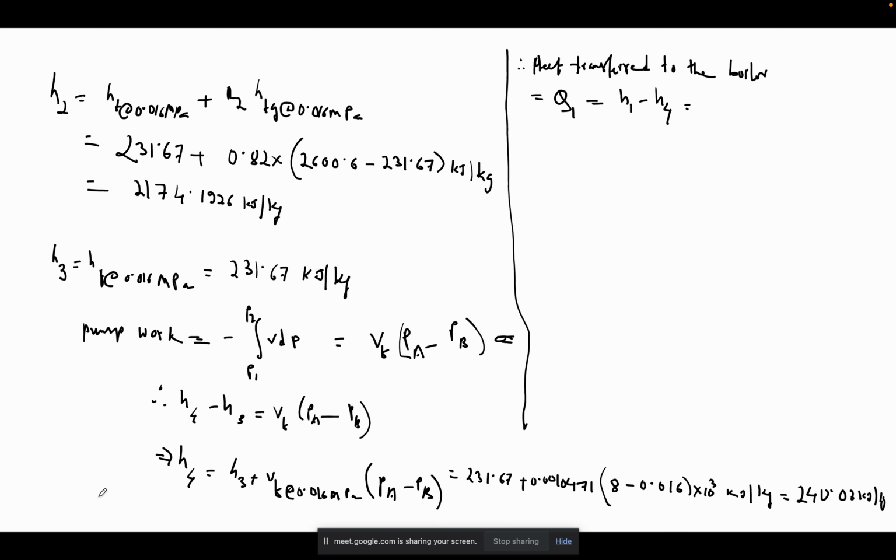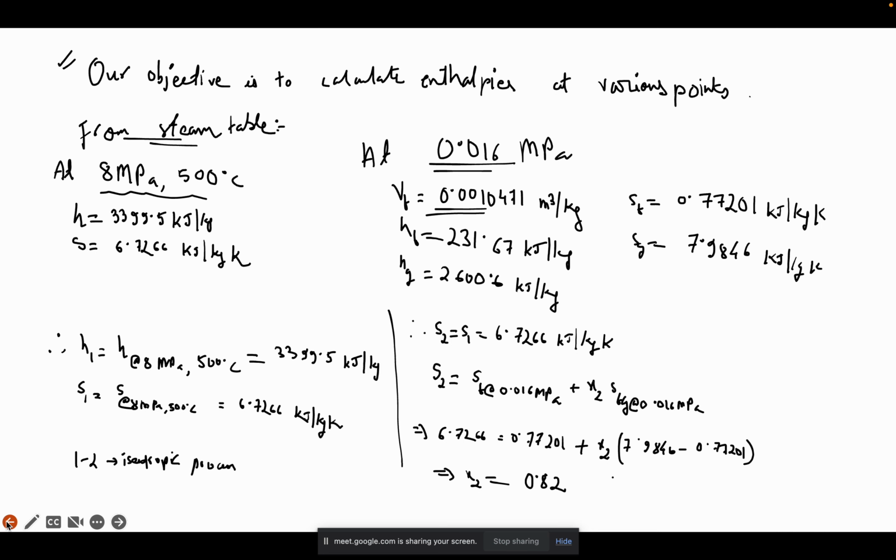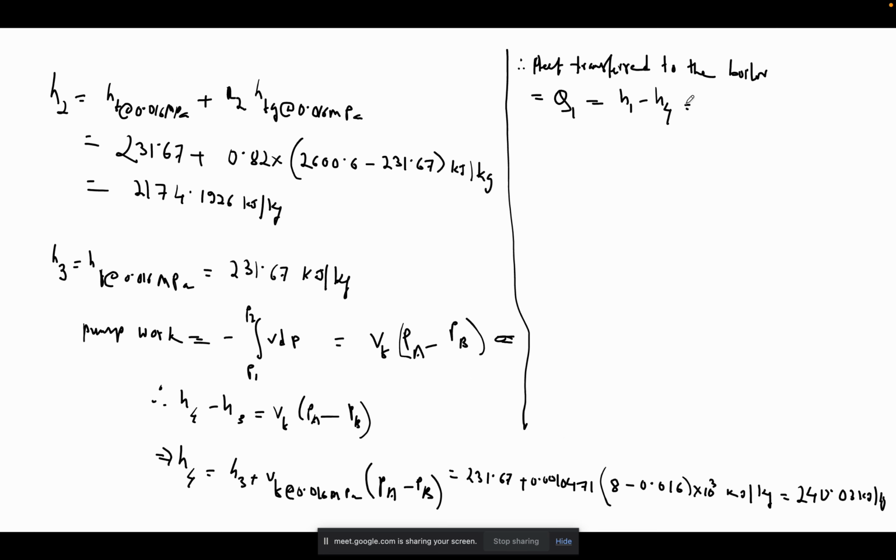What is my H1? It is 3399.5, and H4 I have just calculated as 240.03 kilojoule per kg.